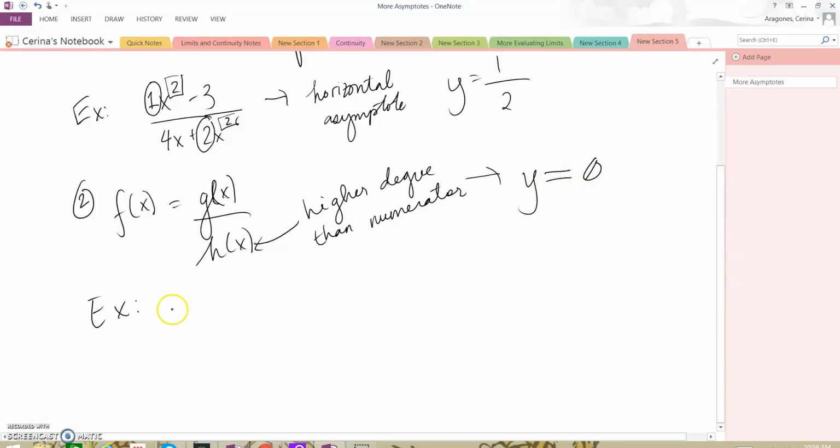So for example, if you have something like 5x plus 6 over x cubed minus 3x plus 2, you can see that the denominator has a higher degree. So the horizontal asymptote is y equals 0.